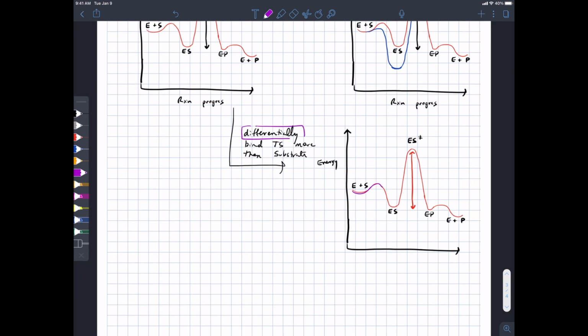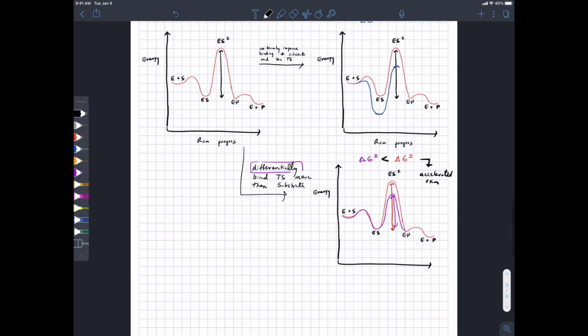Well, starting material and enzyme substrate complex are the same energy, but the enzyme substrate transition state is now lower in energy because we've bound that transition state more than we bound the starting material. And now, activation energy for the improved enzyme is less than activation energy for the starting enzyme, and so we get accelerated reaction.